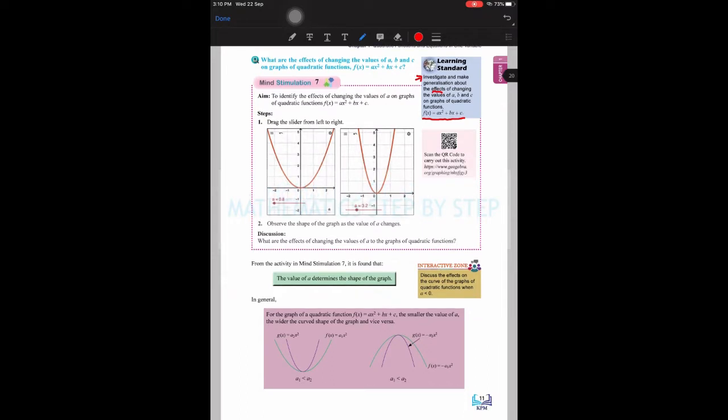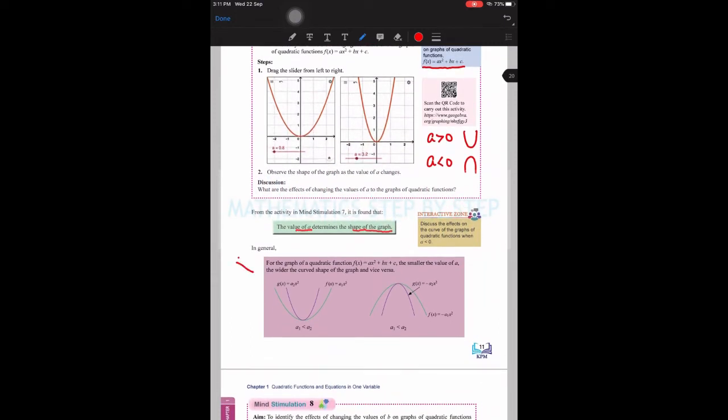We know that the value of a determines the shape of the graph, as we have learned previously. If a is greater than 0, it will be a smiley. If a is less than 0, it will be an inverted smiley, okay? If you don't know how to identify the value of a, you can refer to my previous video, okay?